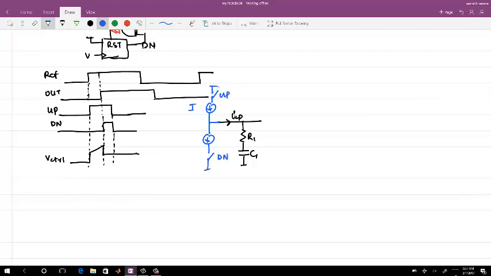Let me call these I up and I down. So what I have shown you, the V control characteristics, are for when I up and I down are both equal. Now let's say the phase error becomes close to 0 or very small. What will happen if I up and I down are not the same?